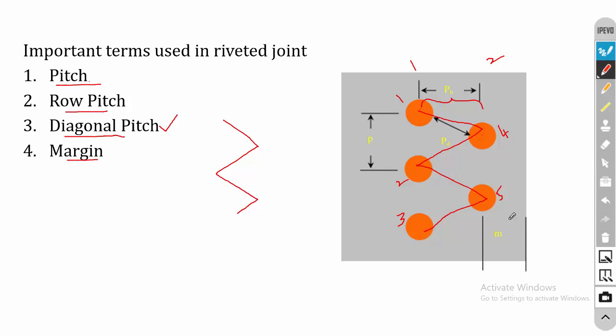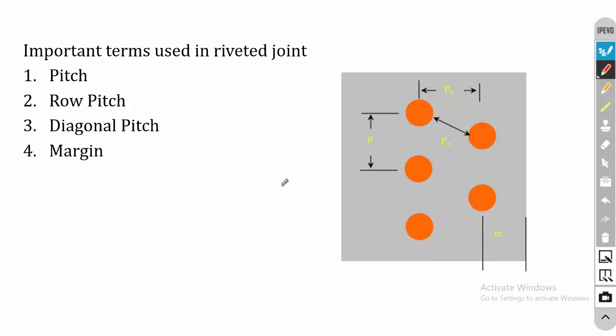Margin is the distance between the side of the plate and the axis of the rivet. So this is the margin for rivet number 3. These four terms are used in rivets, and while designing the rivet we have to calculate all these four terms.